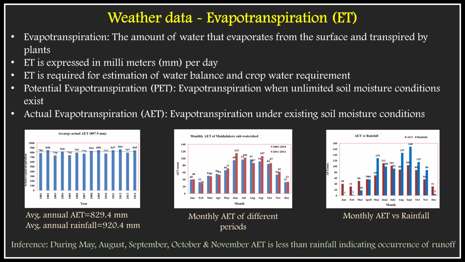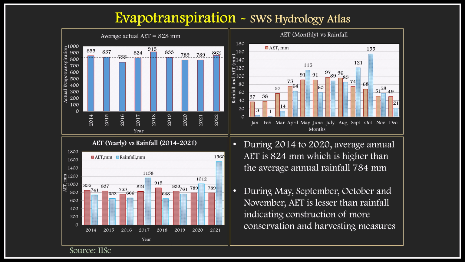If you examine the graphs, in the third graph, which represents monthly AET versus RF, we can see during May, August, September, October, and November, the actual evapotranspiration is less than the precipitation, leading to the inference that runoff can occur. The same is depicted in the hydrology atlas.